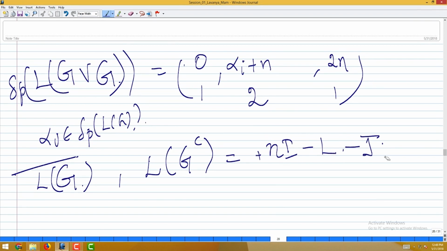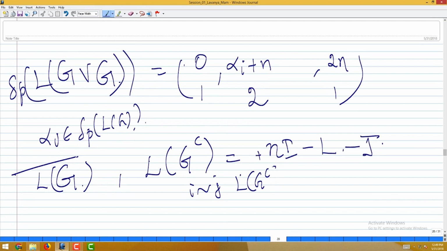What is happening in this expression? Look at a typical ij-th entry in the matrix. Suppose i is adjacent to j. What will this entry be, the way he has given it?